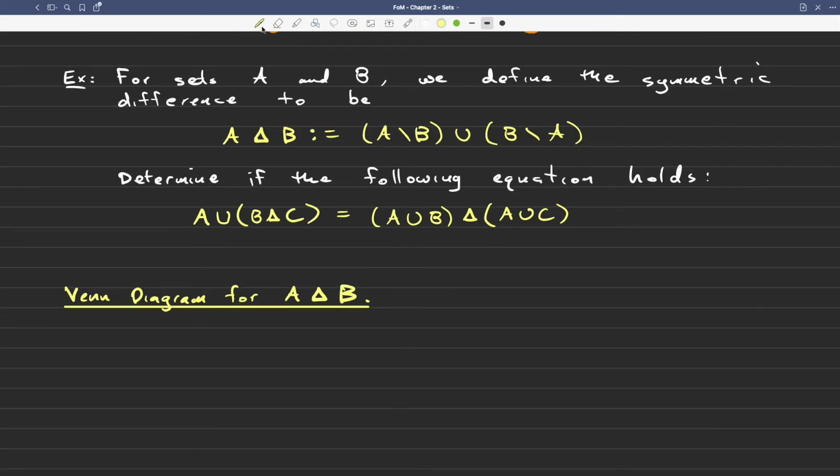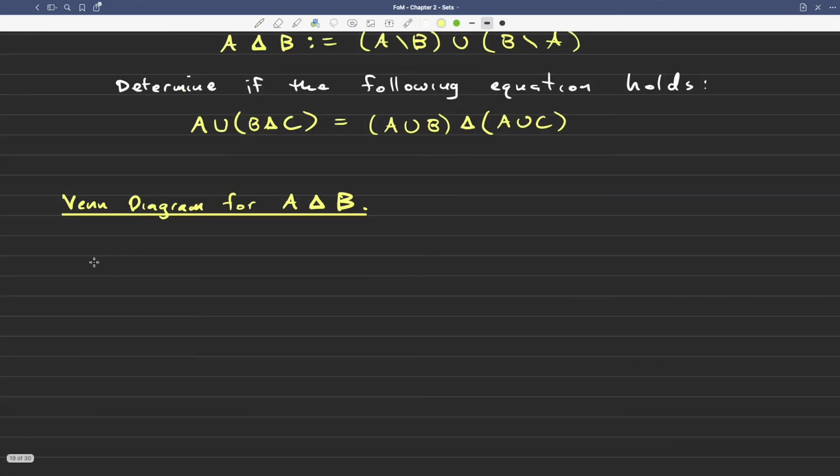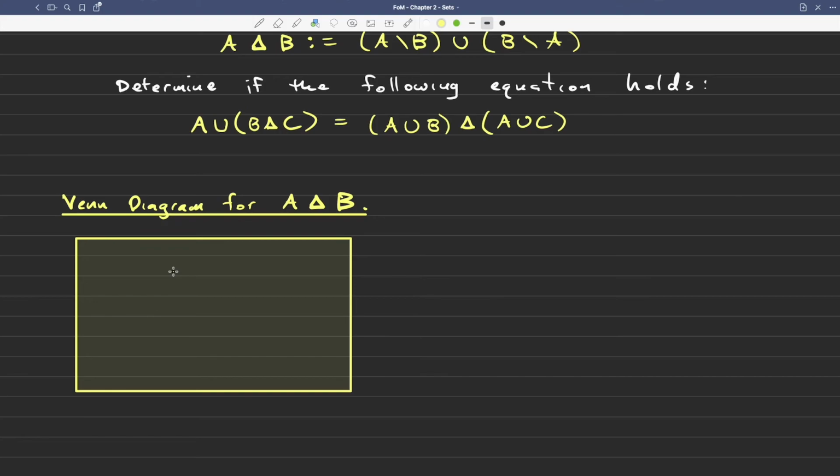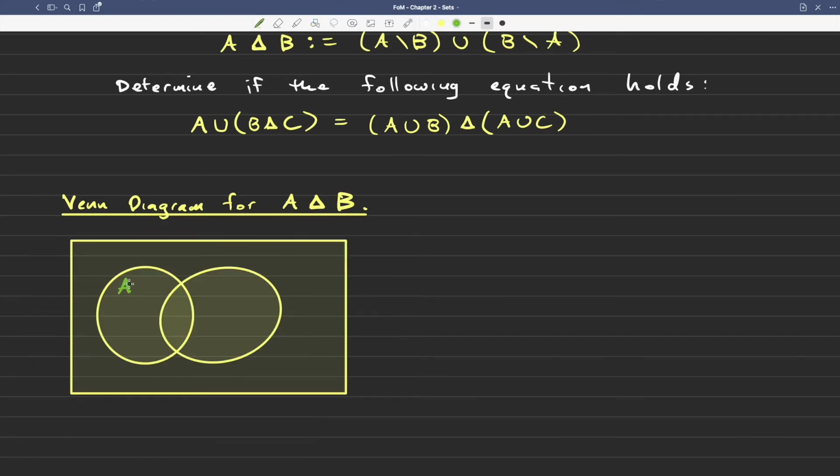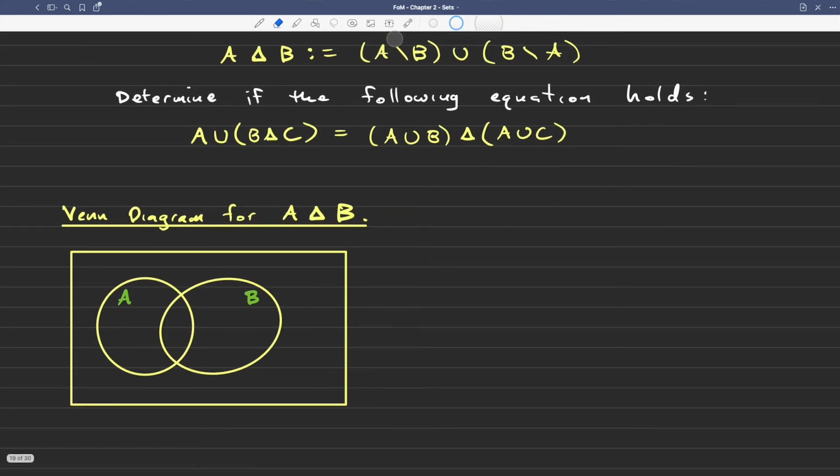All right, well, let's see. I'm going to draw a little box here for the universe. And I'm going to need 2 bubbles for the 2 sets. So here's A, here's B. Now, I want to try to shade the part that is the symmetric difference. First of all, I know what A minus B looks like from when we first talked about Venn diagrams for the basic operations.